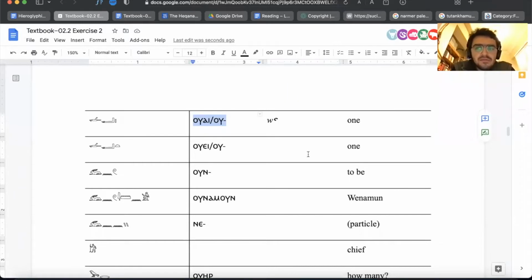And ayn is the ai, because in the Greek alphabet there is no one corresponding letter for ayn. Because of that, two letters.